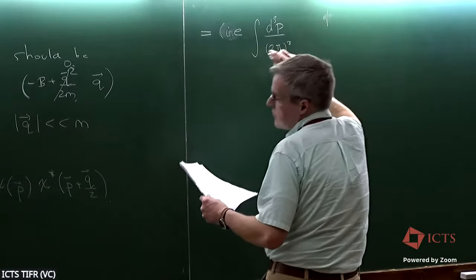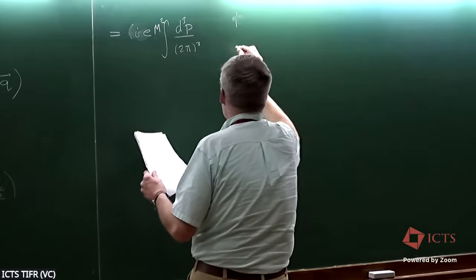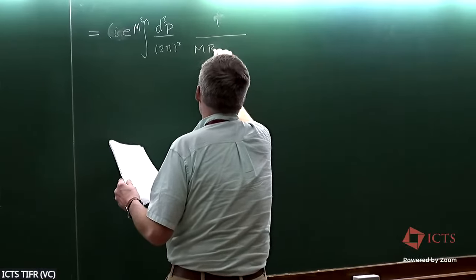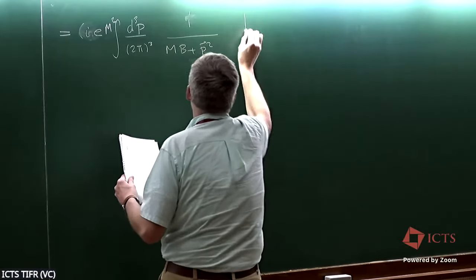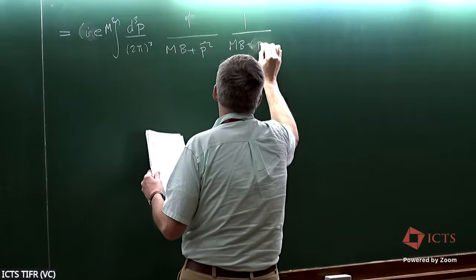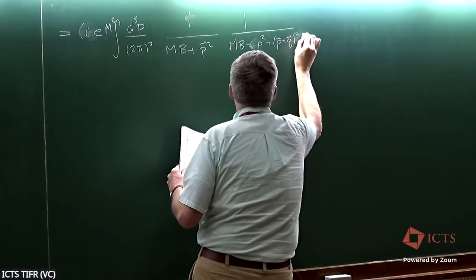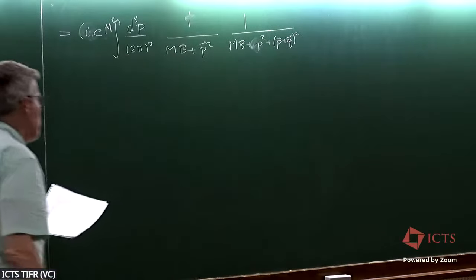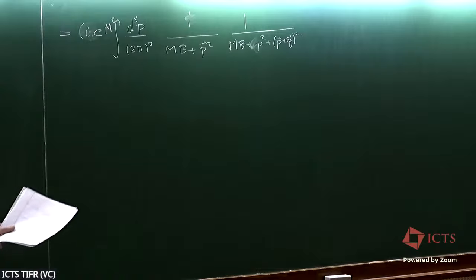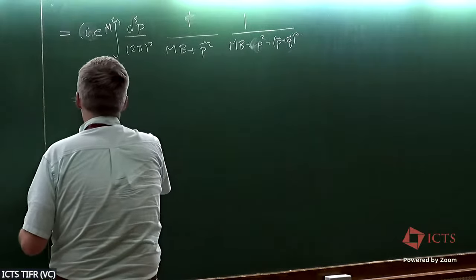And then I have m squared, 1 over mb plus p squared, 1 over mb plus... And here I'm going to pull the same trick I pulled before.